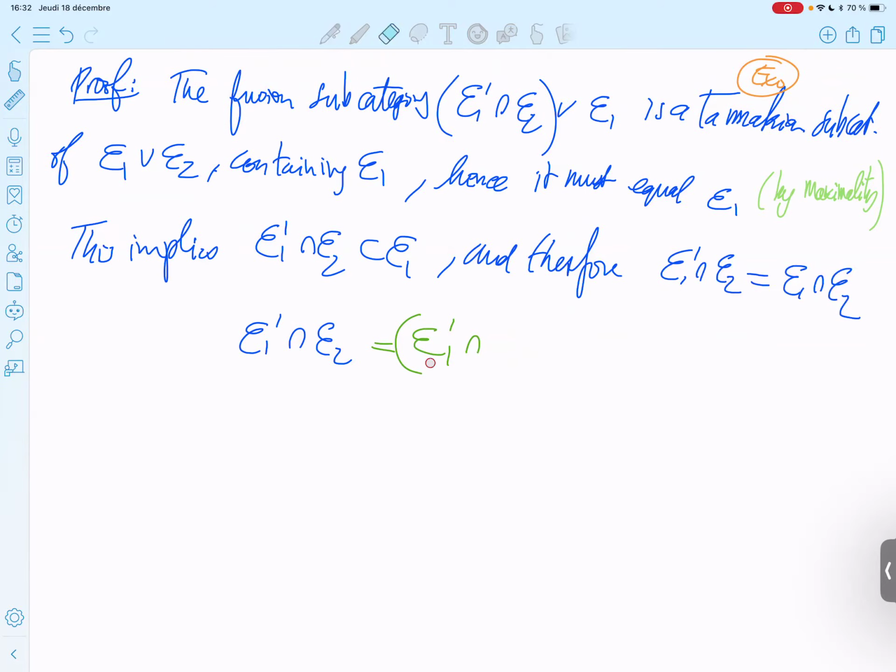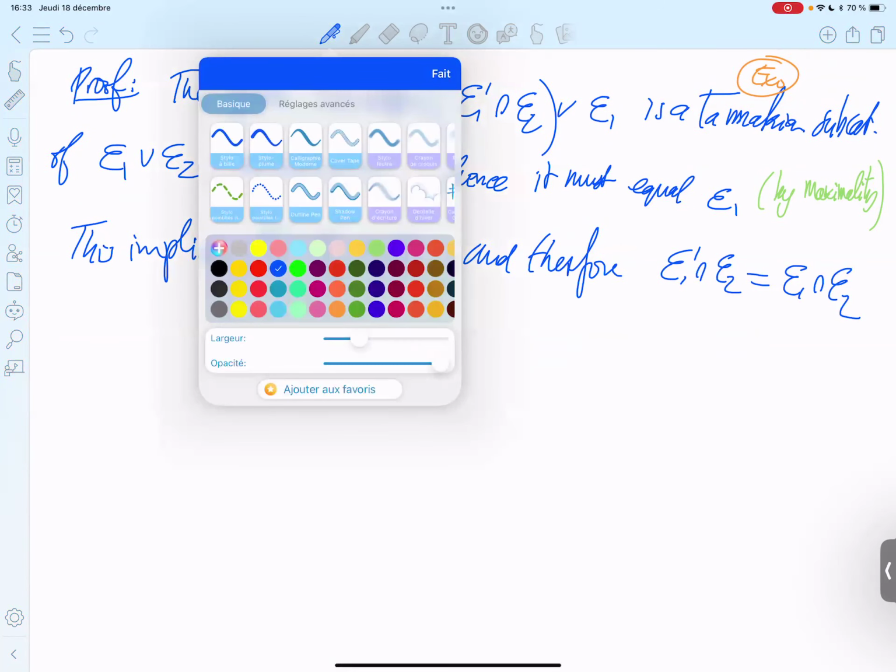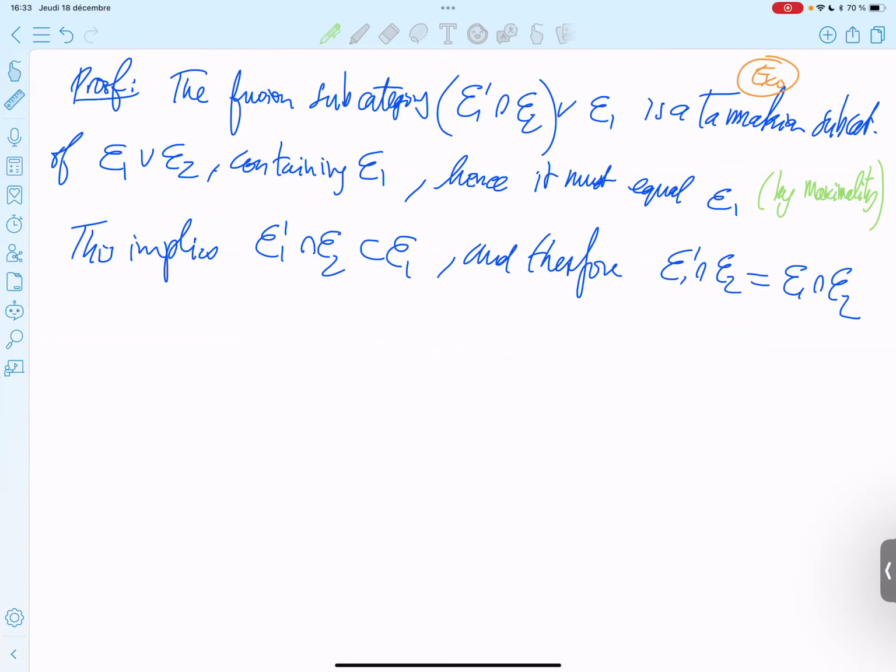So you can directly get the proof as follows. E1 prime intersection E2 is included in E1 intersection E2, as I said. So wait, let me write this.